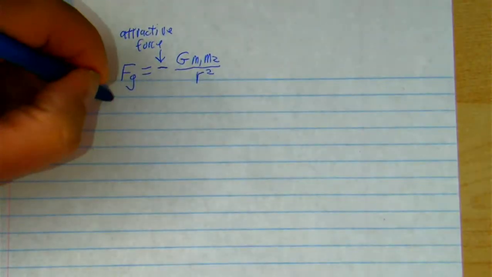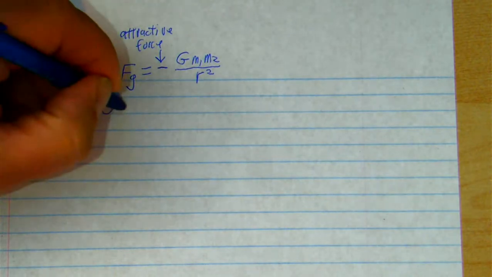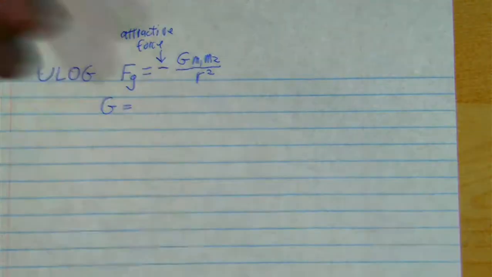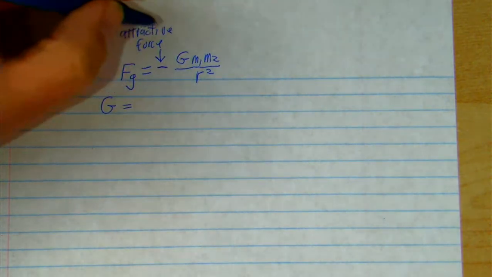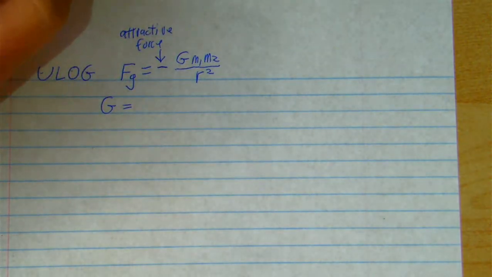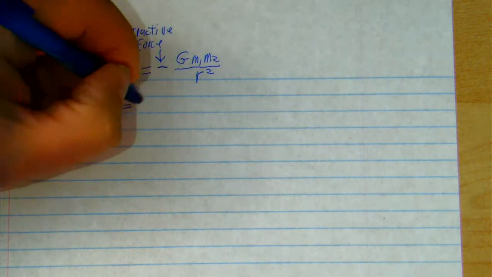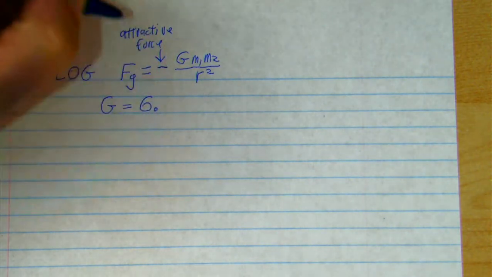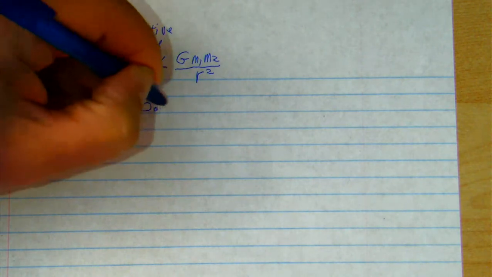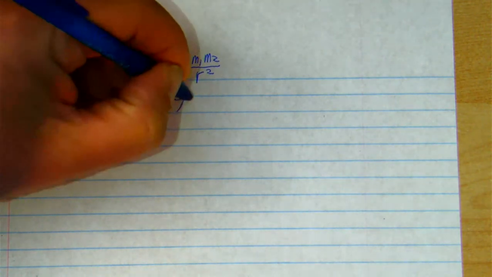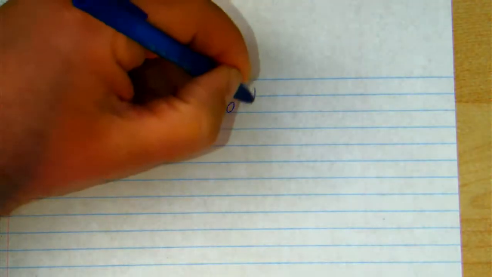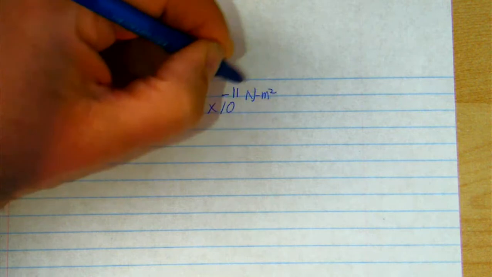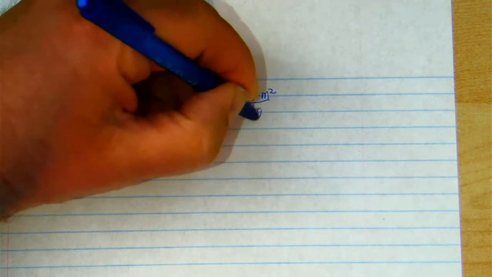So let's list some of those variables. G is called the universal gravitational constant. It is the least well-known constant in all of physics. Its value, as best we can tell, is 6.672 times 10 to the negative 11th power newtons meters squared per kilogram squared.